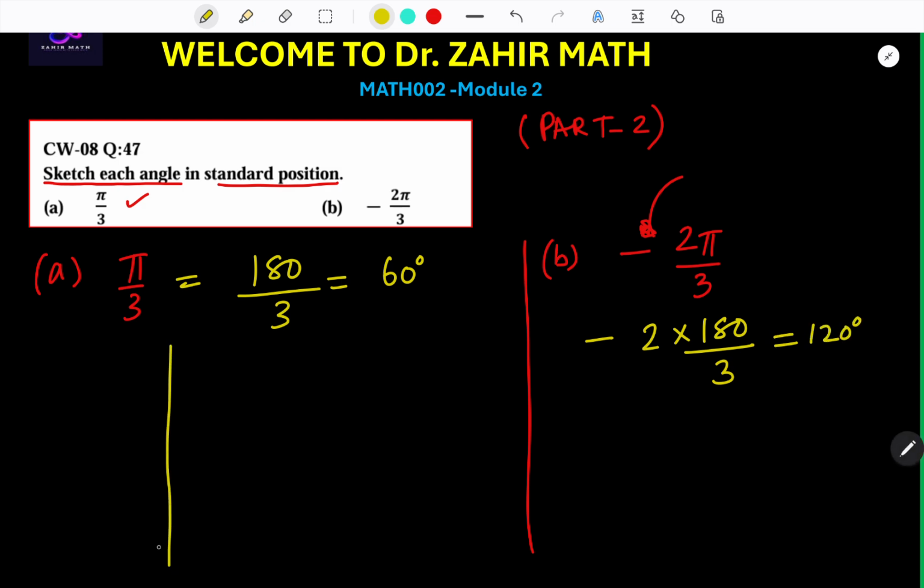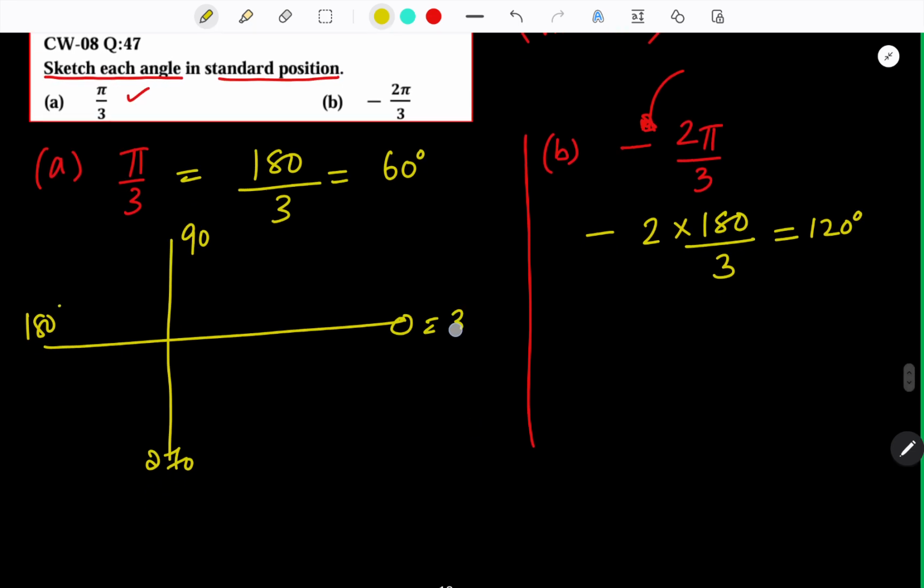So let's sketch this one: 0, 90, 180, 270 and 360. Now your angle is 60 degrees, so we are going to draw 60 in between 0 and 90. So this is your 60 degrees, almost 60 to 90. Only sketch, they didn't ask for any quadrant.